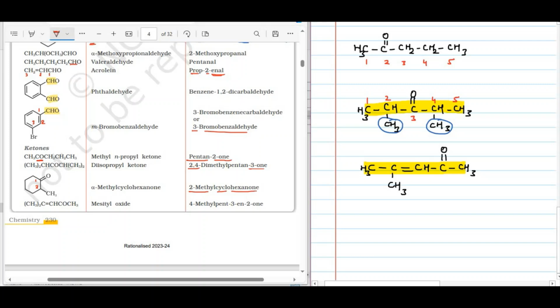We will start numbering from here: 1, 2, 3, 4 and this is 5. There is a methyl substituent which is bonded to the fourth carbon. The double bond starts from 3. So the name of this molecule will be 4-methylpent-3-en-2-one.